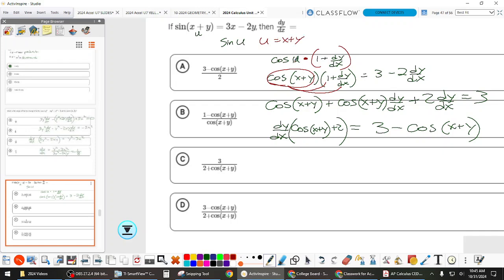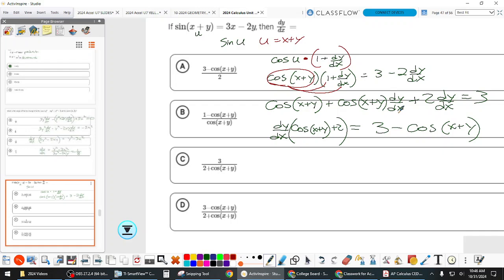Right here, this cosine of u is x plus y. And then this thing I circled is still times both of those. So just distribute cosine of x plus y times 1, cosine of x plus y times dy dx. Okay. Is that good? Yeah. Okay.